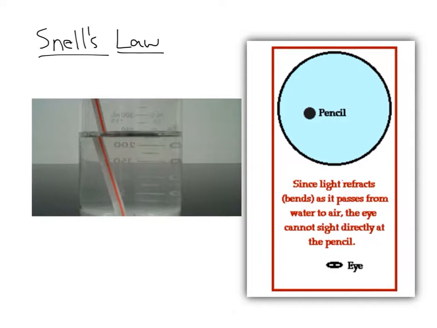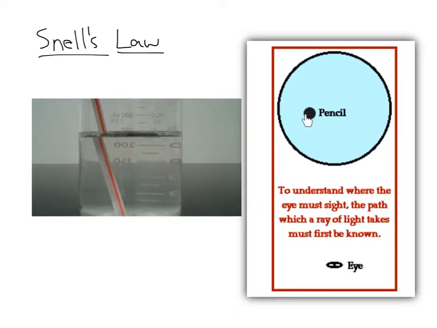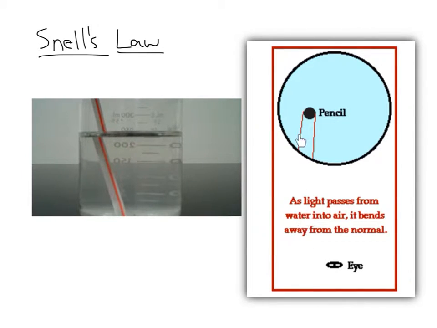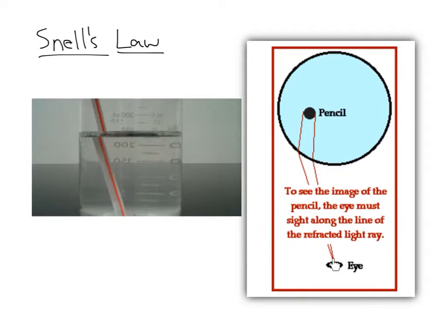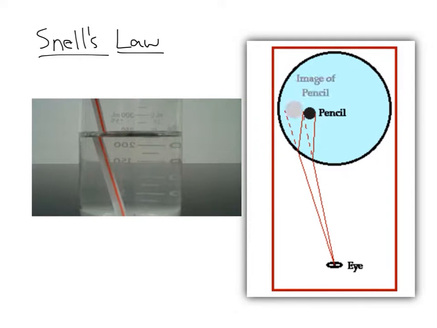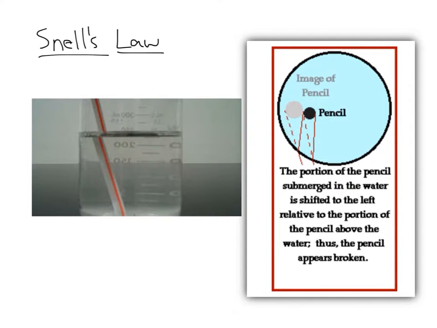All right, so you see that as light leaves the pencil, it bends, since it's moving faster here, it bends away from the normal to get to your eye. And so your eye actually traces these two rays back to see the pencil over here, right?